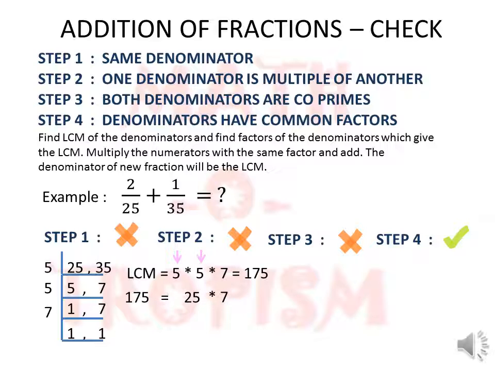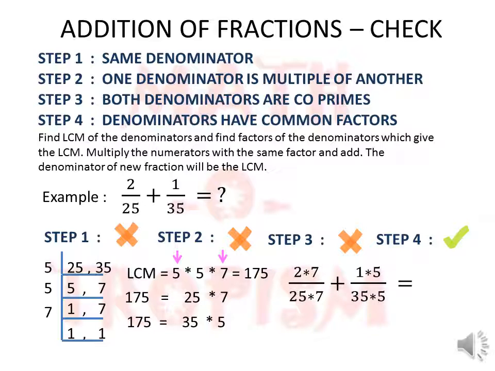Similarly, when we take for 35, what comes? 5 into 7 is 35. So balance remaining is 5. So I am writing 35 into 5. So that again comes to 175. Now, next step, what we need to do is, whatever is the denominator, the factor which we found which makes 175, we have to add in the numerator also.